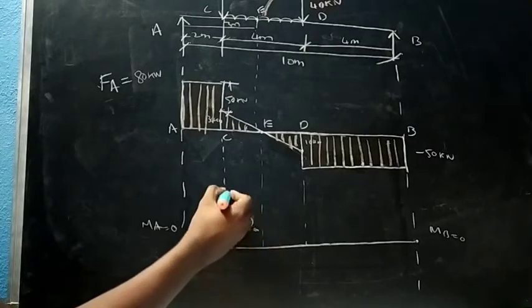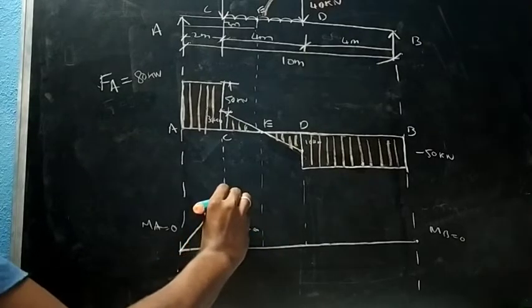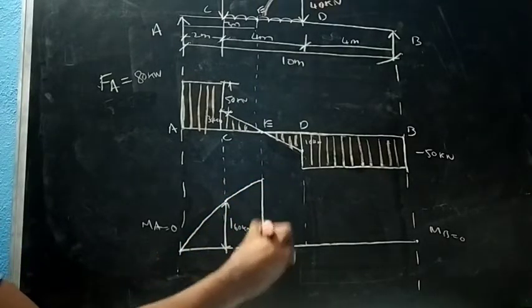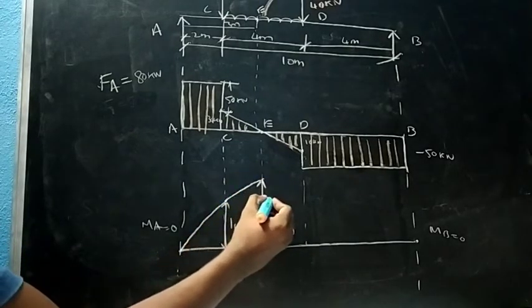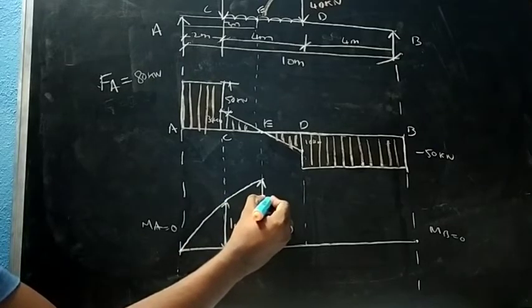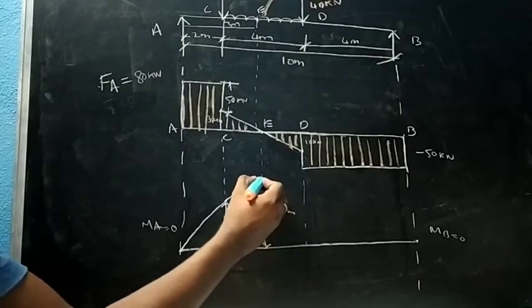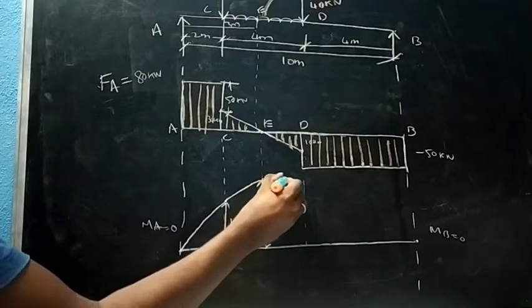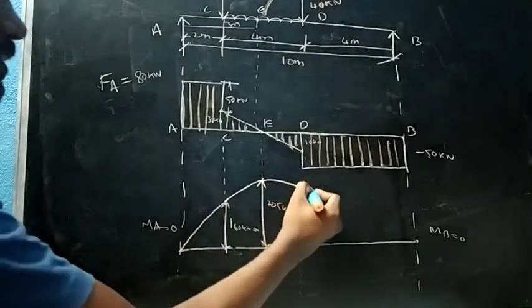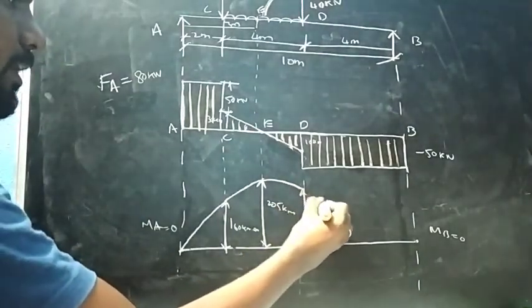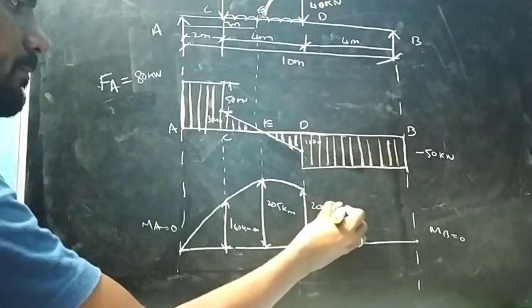kilonewton meter. So next from 160 it will go up to 200. So the bending moment at E, that is the maximum bending moment, is 205 kilonewton meter. Then it will come back to 200, so a little down, that is 200 kilonewton meter.